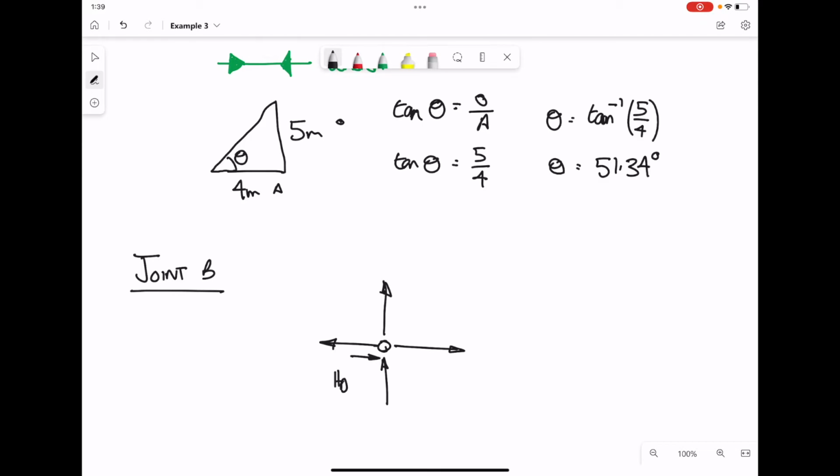HB we know to be 0, VB is 16.67 kilonewtons, and our member forces are force BC, force BG, and force AB.